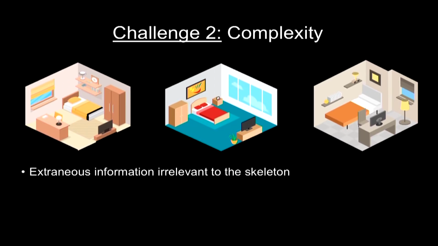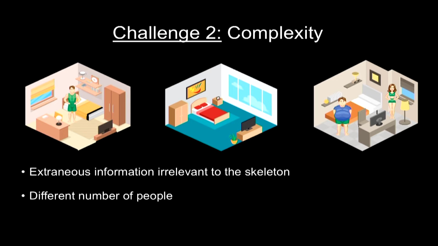The second thing is that there might be an unknown number of people in the environment. There might be cases where you have one person, no person, or multiple people in the environment. So now you have extraneous information from objects in the environment, and you have to deal with an unknown number of people. If you ask a single neural network to do all of these things, in addition to learning the human skeleton, that's just too much.